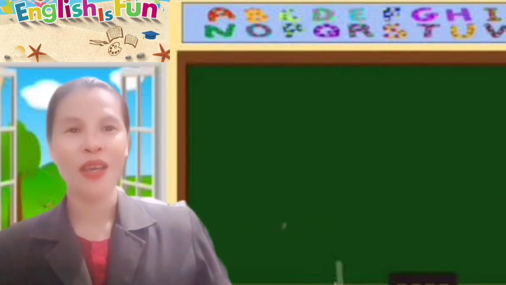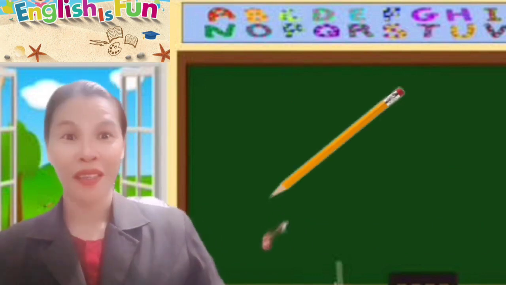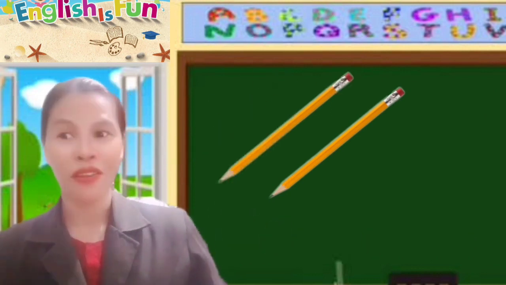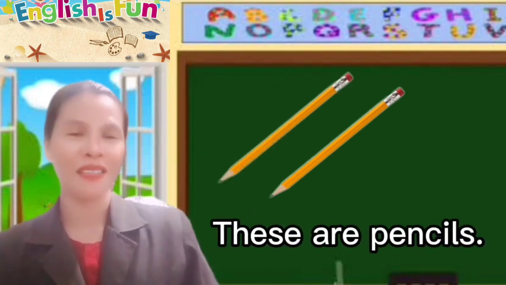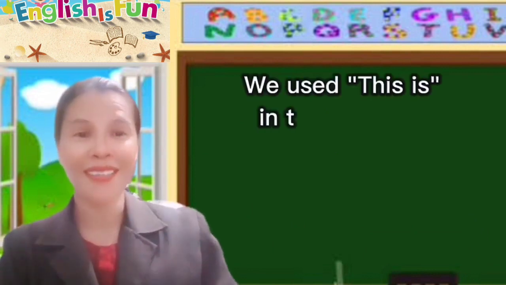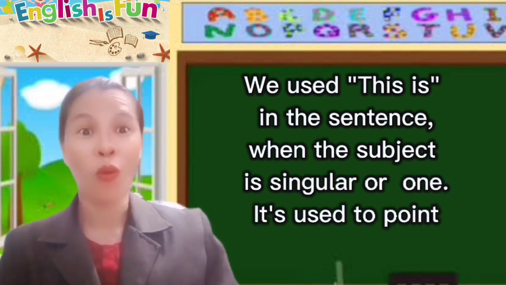All right. Anyone else? Yes, Jacob. A pencil. Very good. This is a pencil. More than one pencil? These are pencils. Okay, that's great. We use this is in the sentence when the subject is singular, or one.